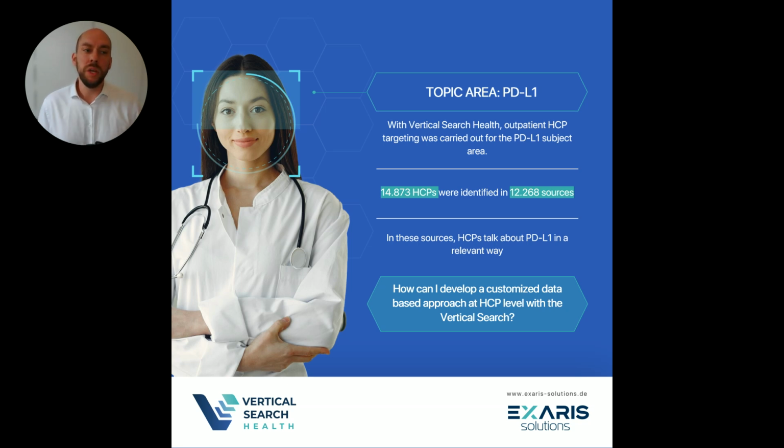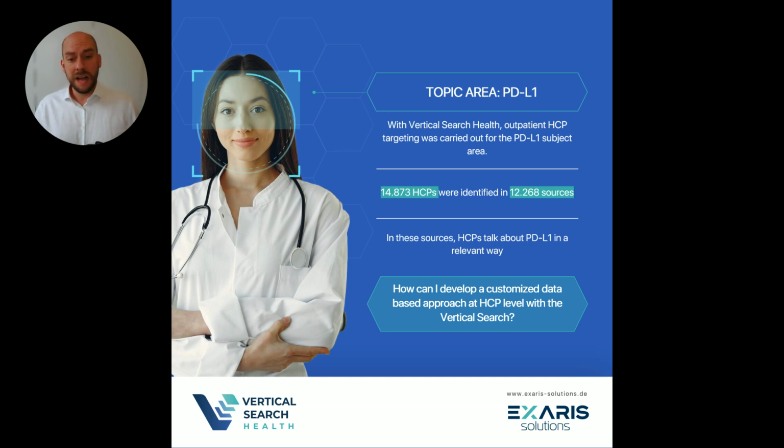And then the next step is to extract the information or the message we can deliver through this content. But first of all, you have to identify the indication, and then the topic area.